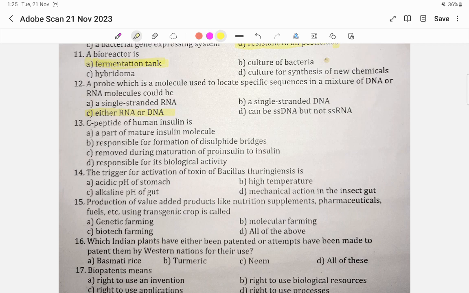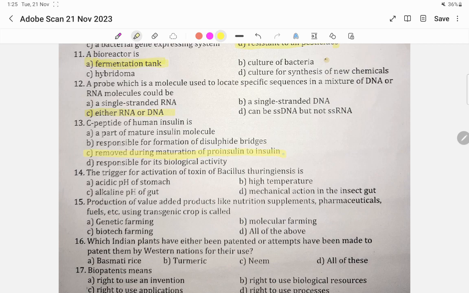Anyway, 13th question, C-peptide of human insulin is a part of mature insulin molecule. In mature insulin molecule they have only A and B chain. So responsible for formation of disulfide bridges, they are not responsible for it. Removed during maturation of proinsulin to insulin, this is the correct answer.